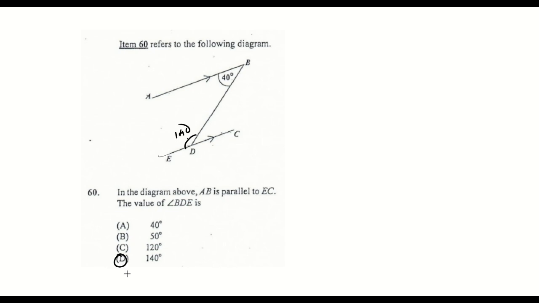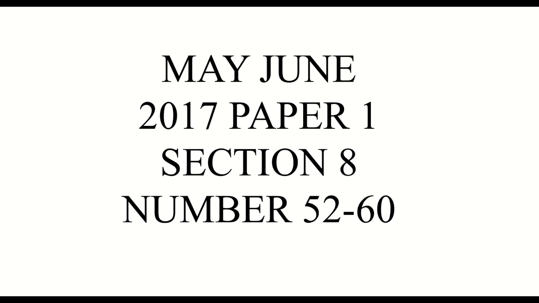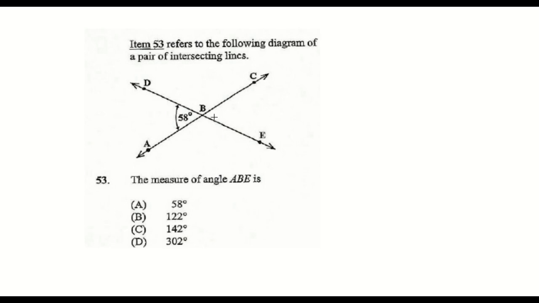So the answer here is D. Right, and now we're finished with January 2018. Let's go to May/June 2017. They want ABE. 58 and this angle here are supplementary, so this angle would be 180 minus 58, which is 122.